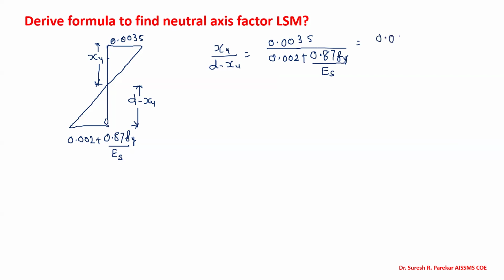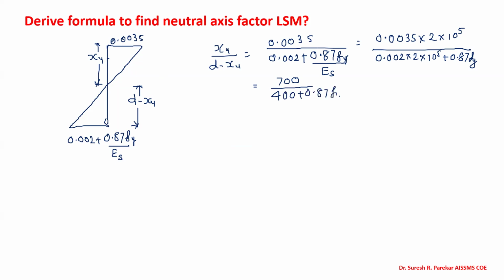If you rearrange it, you have 0.0035 into 2 into 10 raised to 5, divided by 0.002 into 2 into 10 raised to 5 plus 0.87 Fy. Now if you solve this, you will get 700 divided by 400 plus 0.87 Fy.